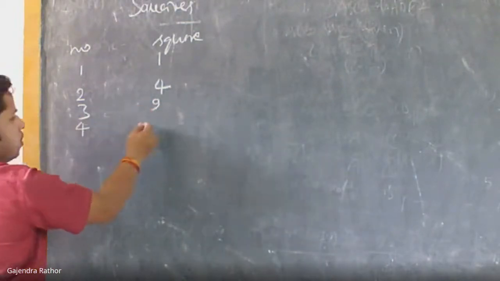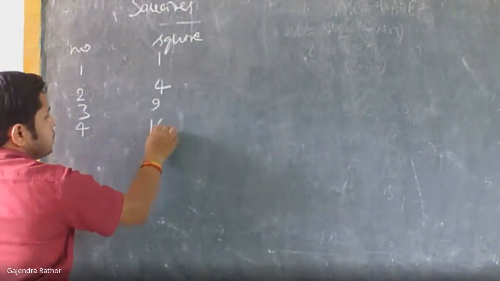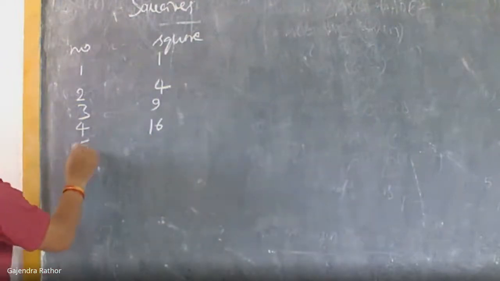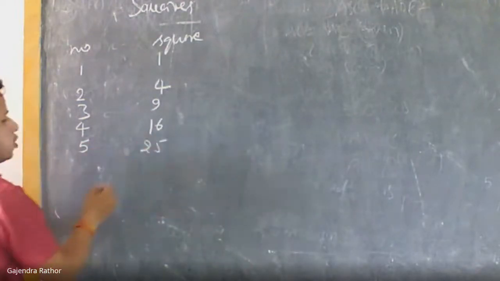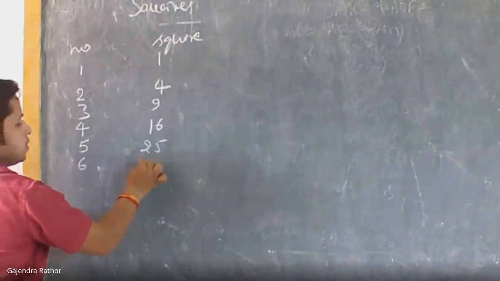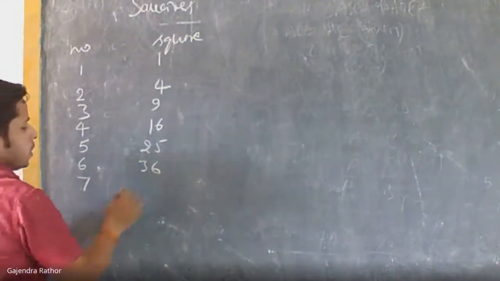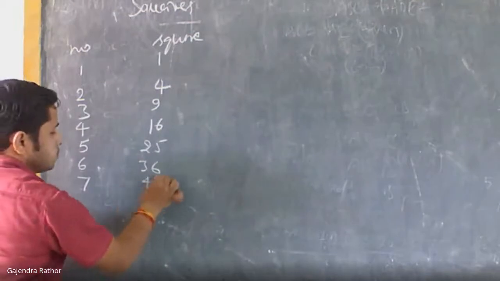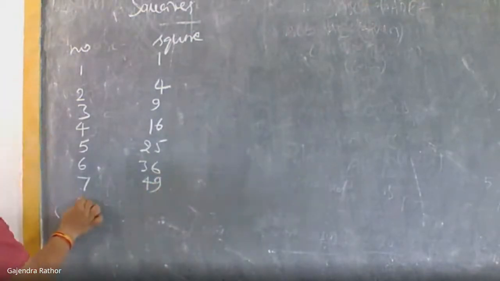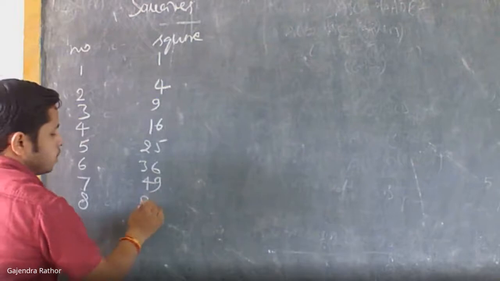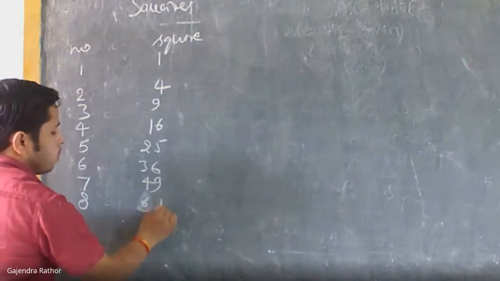Next 4, the square of 4 is 16. Next is 5. This is 25. Next is 6, 36. Next is 7. The square of 7 is 49. Next is 8. 8 squared is 64.